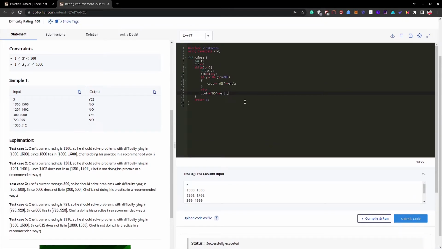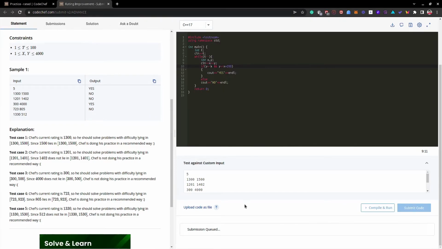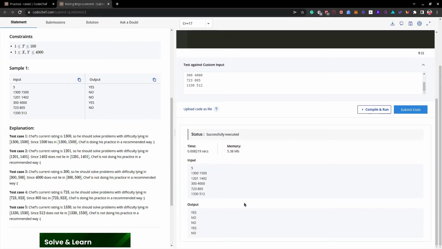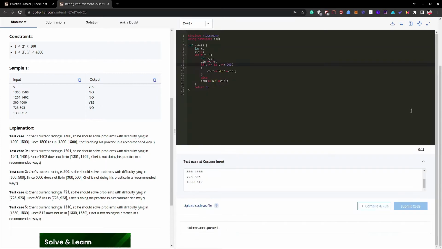Okay. If x is less than or equal to and greater than or equal to, I have set it for less than or equal to and greater than or equal to. Now let's check it again. Yes, no, no, yes, no. Yeah, it's totally fine.